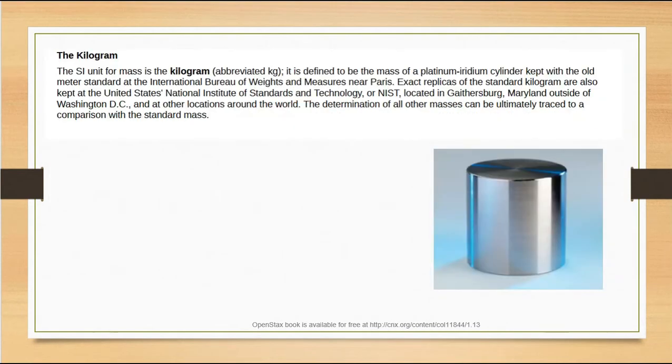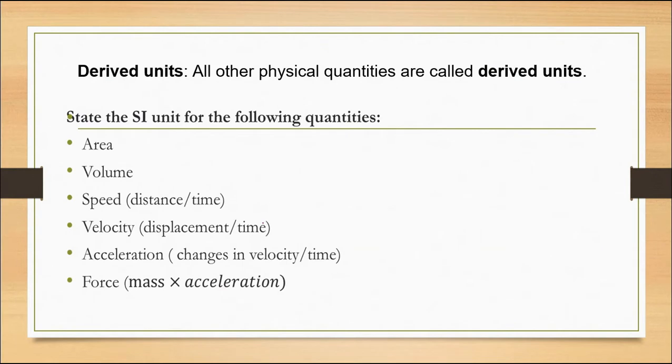The only unit that is defined based on a physical object is the kilogram. So 1 kilogram is the mass of a platinum cylinder which is kept in Paris, and one version is kept in Washington, D.C.